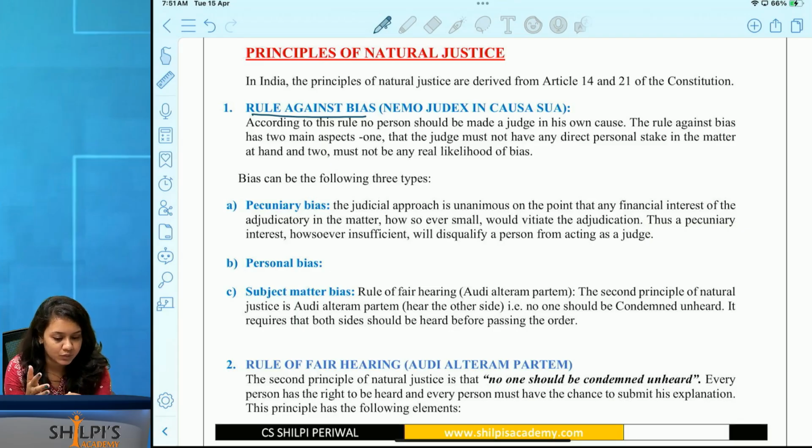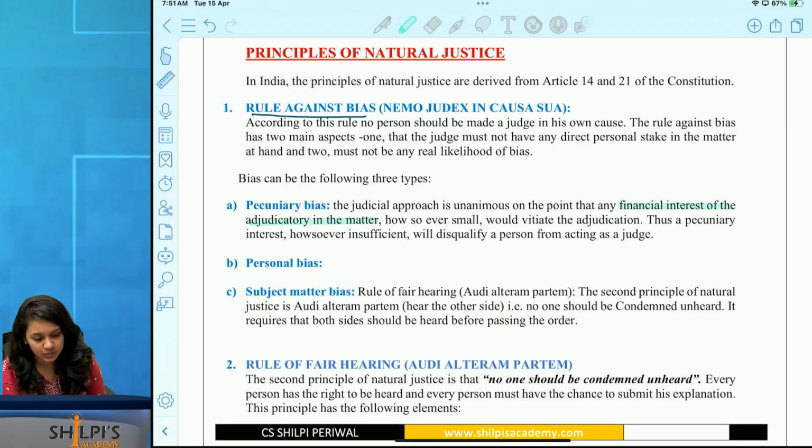It might be a pecuniary bias, in the sense that there might be some financial interest which is related to the rulemaking matter. There can be a personal bias, in the sense that there might be some personal interaction between the judge and the person which might cause them to act in a biased manner.